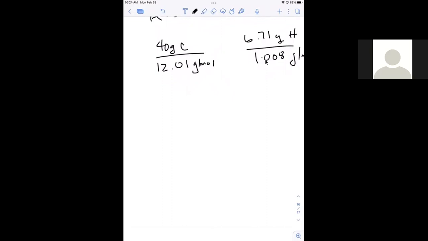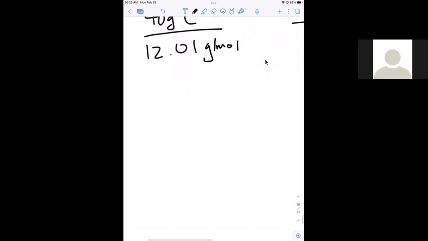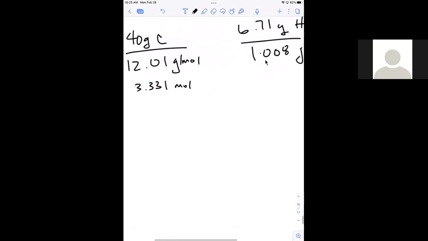I got 3.331. Okay, 3.331 moles of carbon. I'm with you.